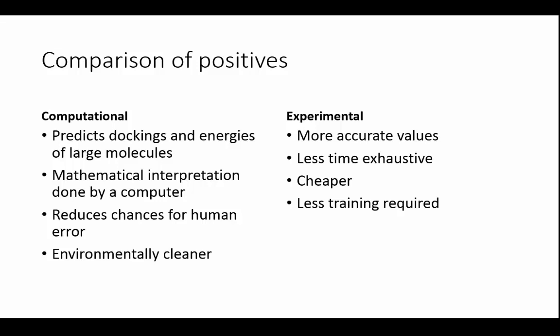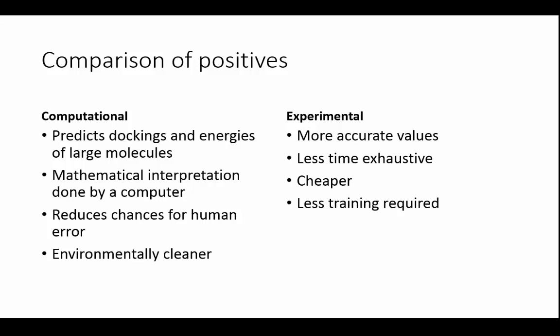Computational methods are also environmentally cleaner, as there is no need for the raw materials or to carry out any reactions at all that could have a negative impact on the environment due to the reaction or improper waste disposal. In terms of the experimental methods, more accurate values are obtained as the values are not based on as many assumptions.